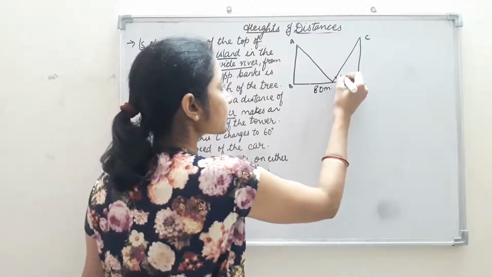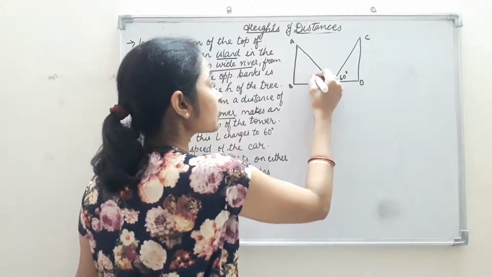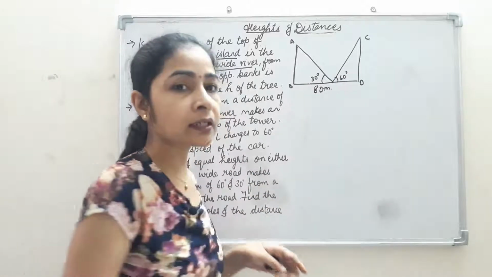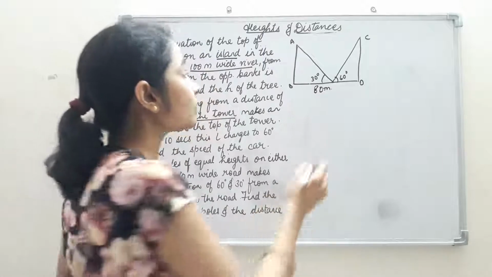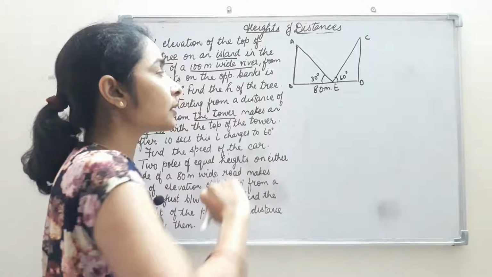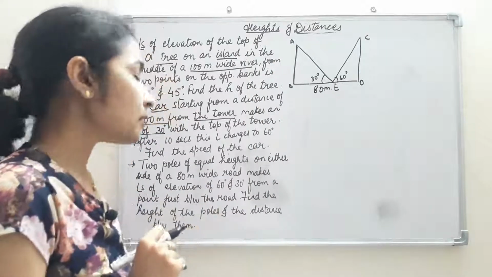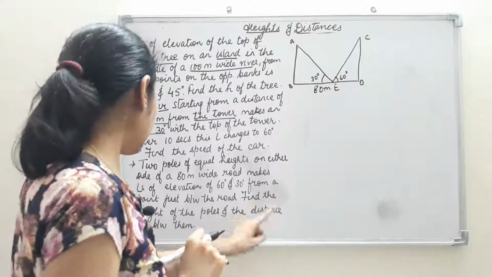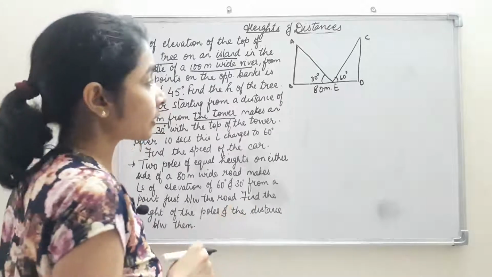So let us take 60 and 30 here. Somewhere between the road we have taken a point, let the point be E. From there, the angle of elevation of one of the poles is 30 degrees and the other pole is 60 degrees. Find the height of the poles and the distance between them.